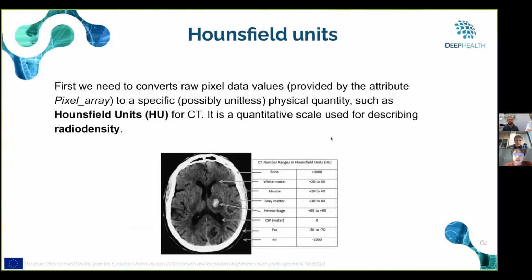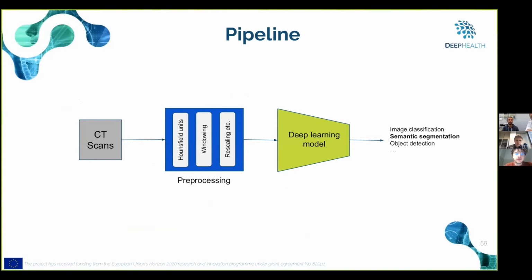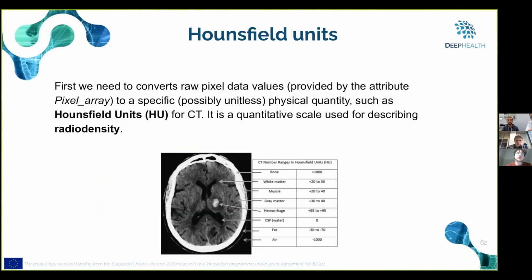So as we saw in the pipeline, the first step is Hounsfield units. We have these raw pixel values in the pixel array attribute of the DICOM file, and we want to convert these raw values to a unitless physical quantity, which is called the Hounsfield unit.